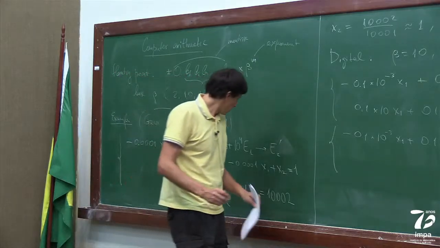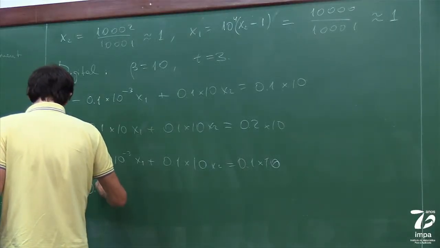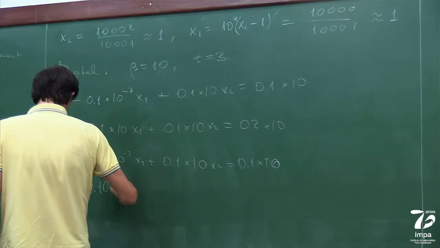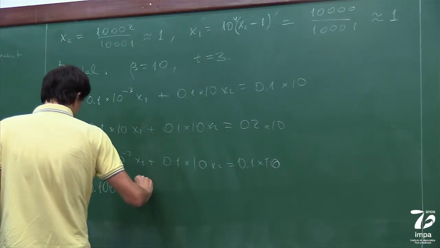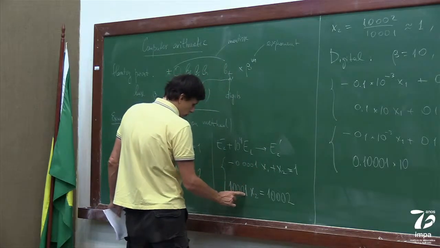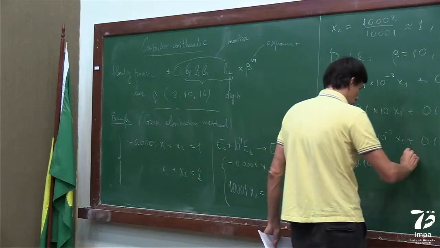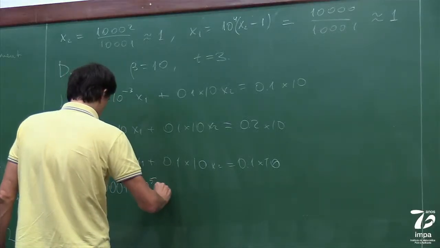But you see, what you have here is that the second equation in digital form will have this structure. So it's 1, 2, 3, 4, 5, 10 power 5 x1.